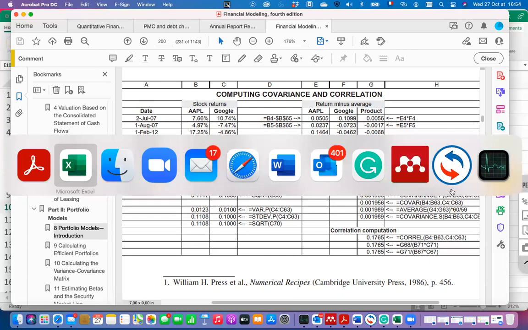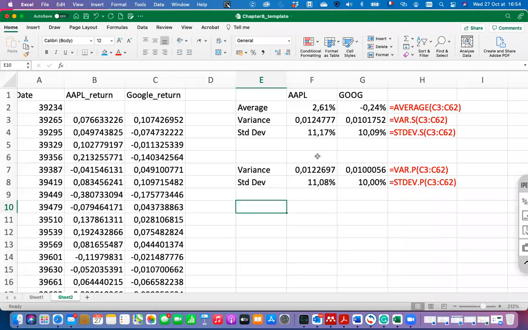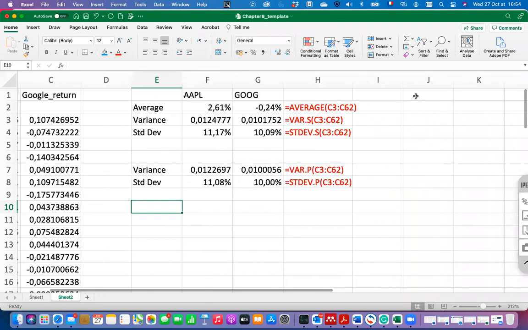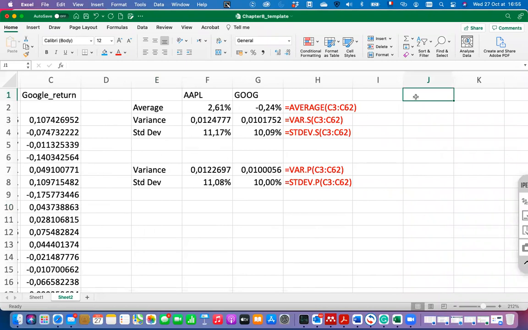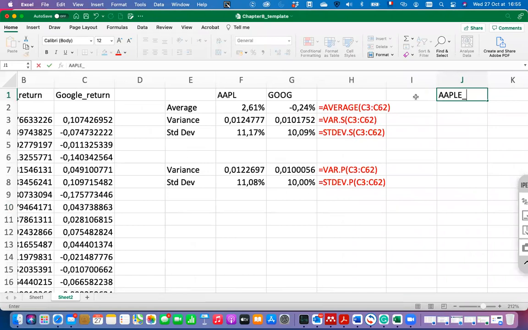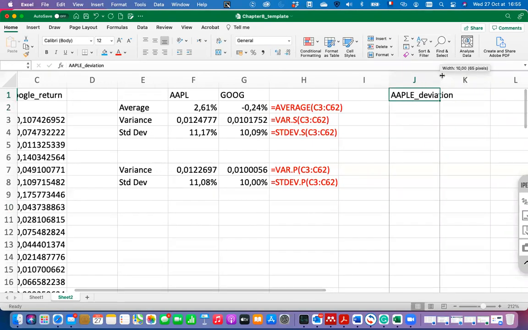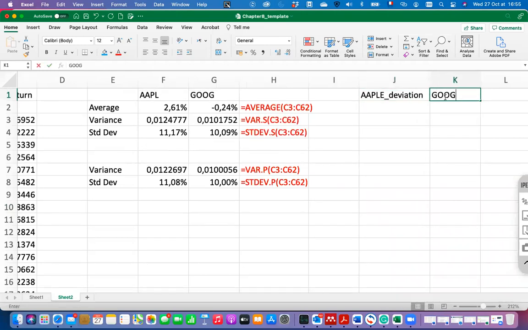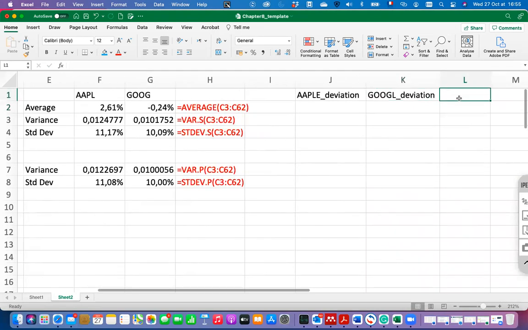Now, let's get back to our Excel sheet. I will create two more columns. I will call them Apple deviation, then Google deviation, and then the product.